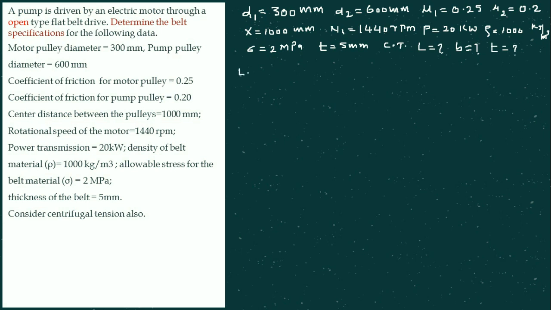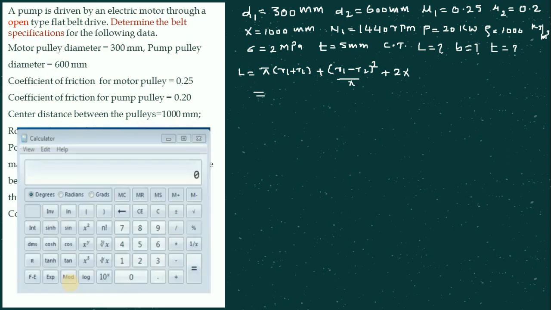As the length pertains to the open belt drive, we know that L is equal to pi times R1 plus R2, plus R1 minus R2 whole square by x, plus 2 into x. Let's substitute the values and try to calculate the length of the belt.